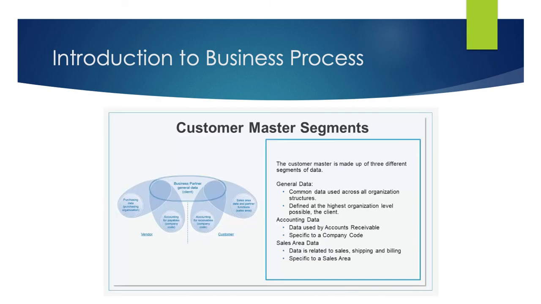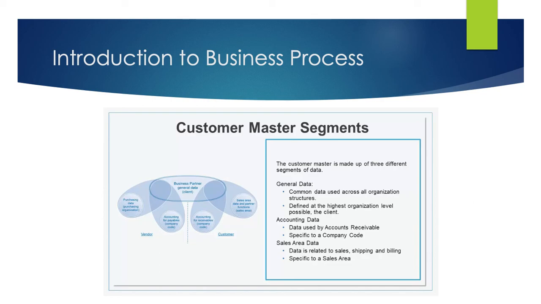So in a customer master segment, it's made of 3 segments. We have the general data here, accounting data, and sales data.